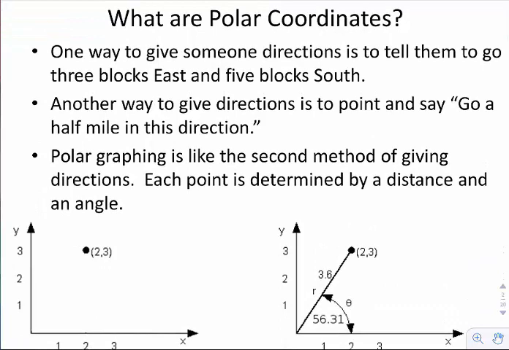So to start with, I believe it's all written for you already, but let's talk about what a polar coordinate is, and a lot of it has to do with how we are discussing our directions. All of this should be written down for you if you printed out the note-taking guide or the handout. One way to give someone directions is to tell them to go, in this case, 3 blocks east and 5 blocks south.